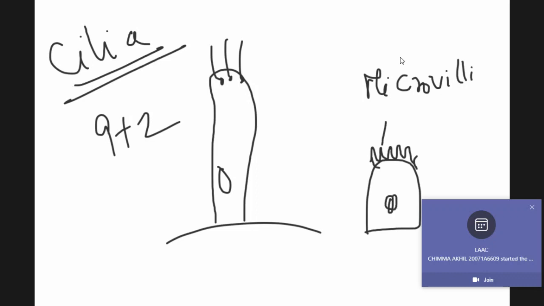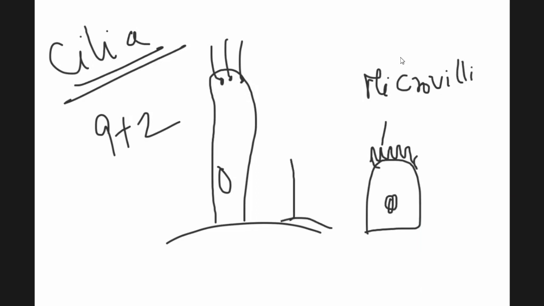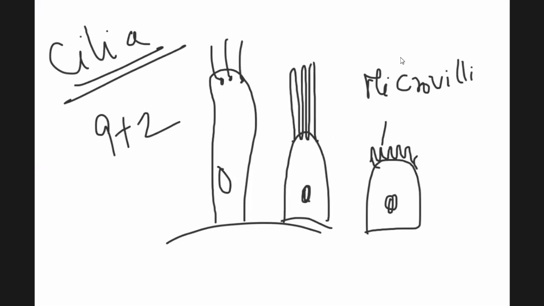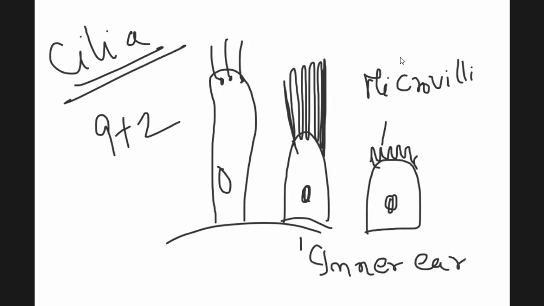Then in our inner ear, you may find very long cell membrane folds. They look like cilia, but they are not showing the 9+2 arrangement. These are hair cells. They are not motile. They are not so small like microvilli.